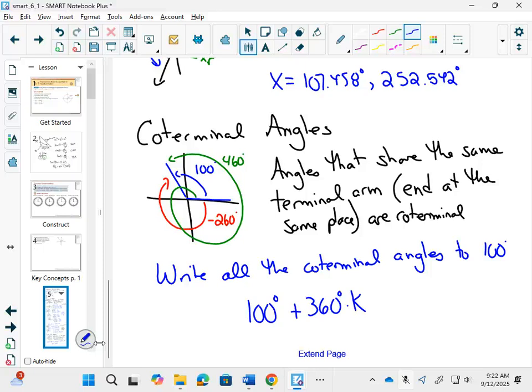Yes. How about 2.5 times? No. K has to be a whole number. Can k be negative? Can it be a negative whole number? Yes. Because if I did -1, well, adding a negative would be the same as subtracting. So I could have written plus or minus here, but generally we write plus, and then we say that k has to be a positive or negative whole number. What are those numbers called?